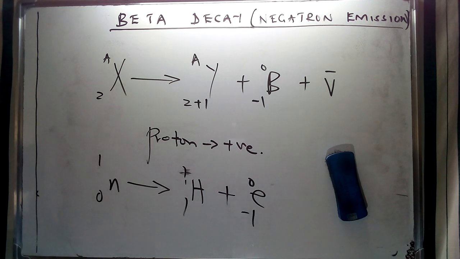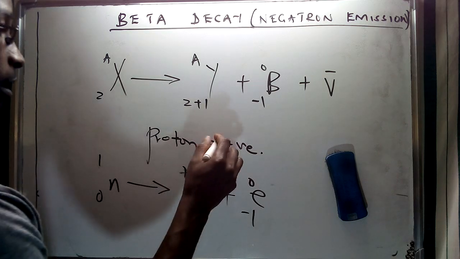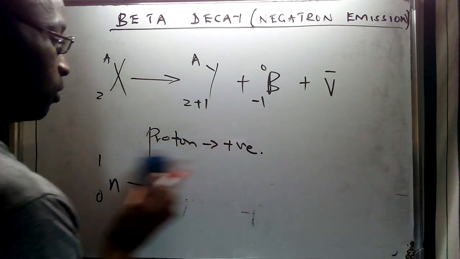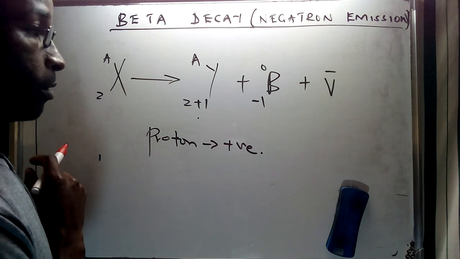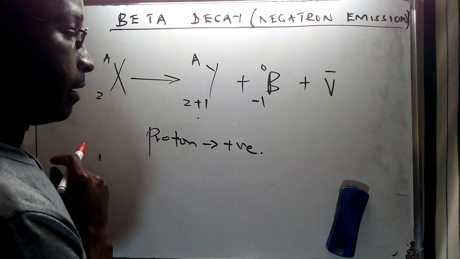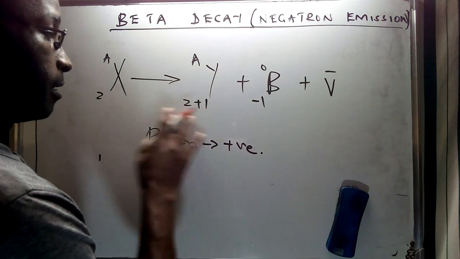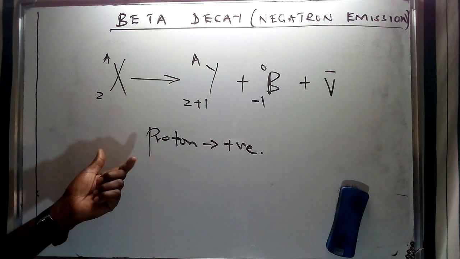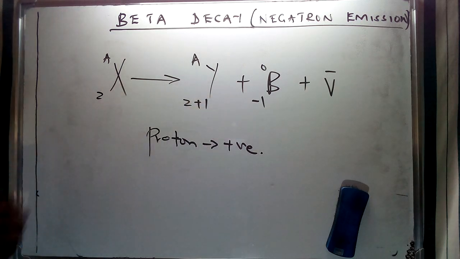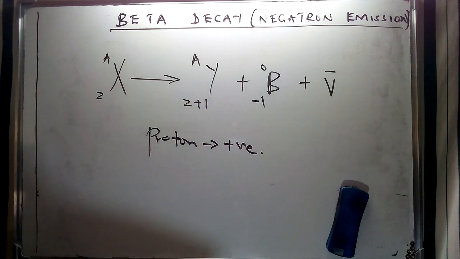So we have an additional proton added in this nucleus. To observe the conservation laws, the total charge of the products has to be equivalent to the total charge of the reactants.